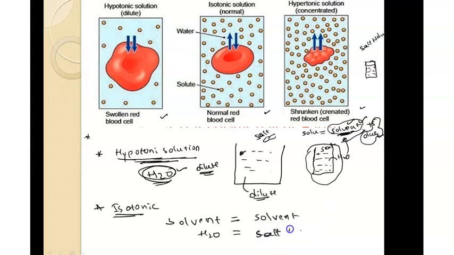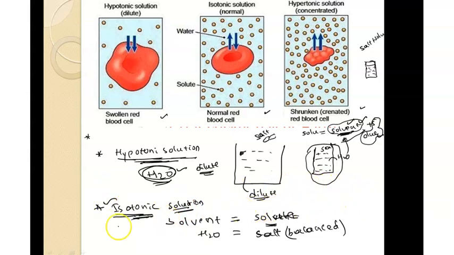You will feel a perfectly balanced salt taste here. It is not low, it is not high. That kind of solution is called an isotonic solution. There is no difference between solute and solvent here.